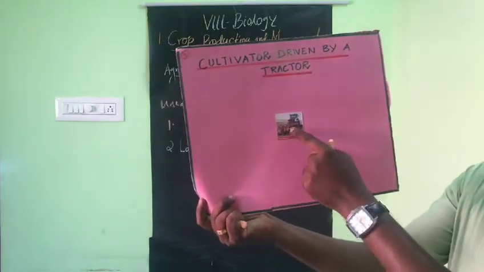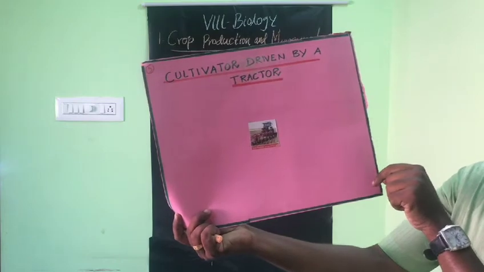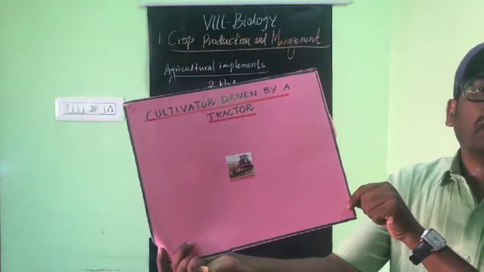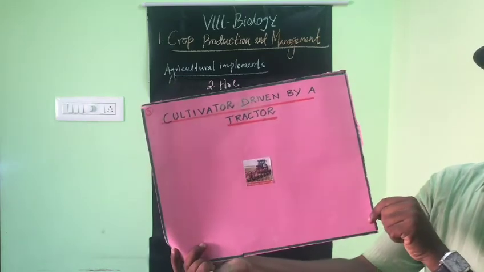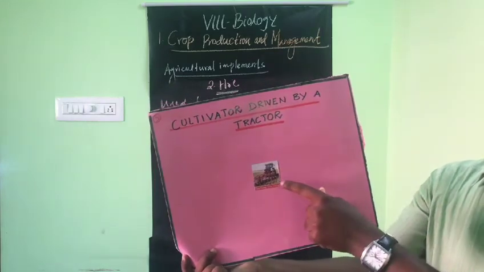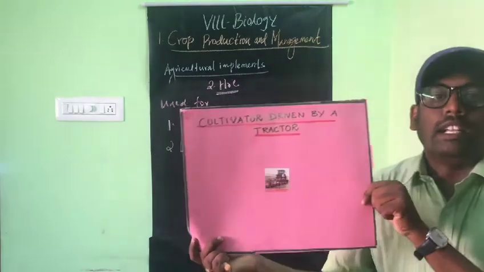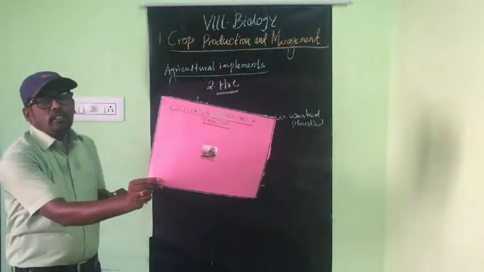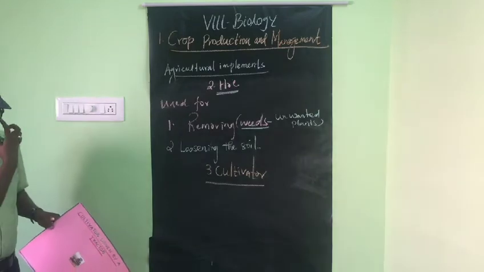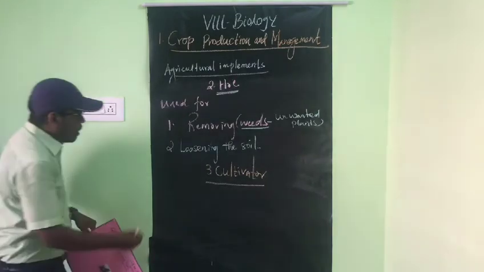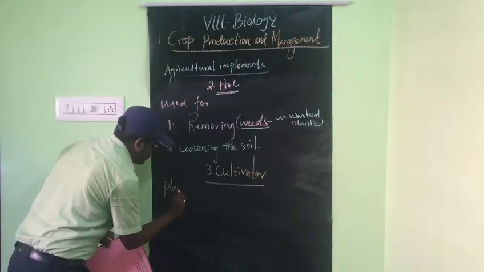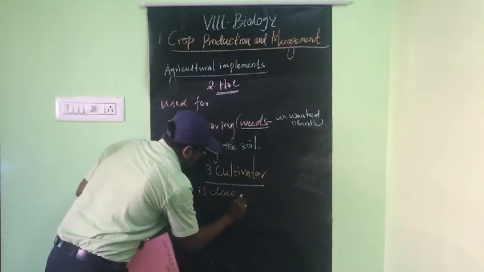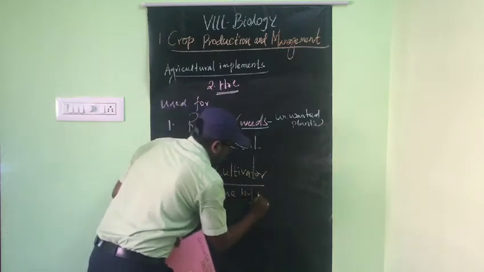The cultivator is always attached to or driven by a tractor. It is modern. Nowadays the cultivator is mostly attached to the tractor only. The ploughing is done by the cultivator.